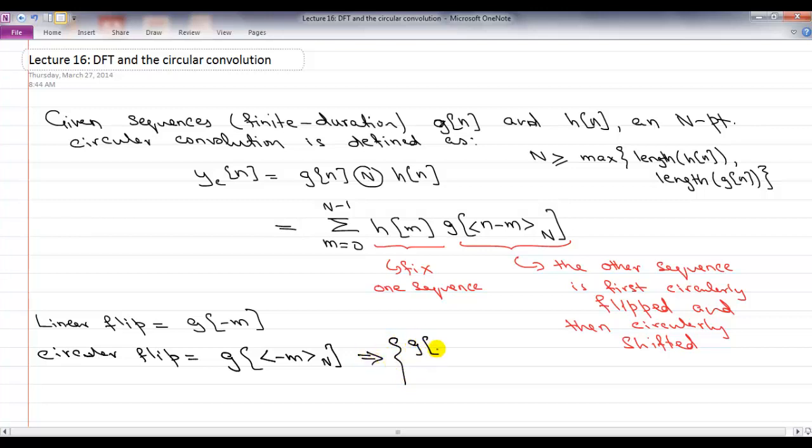So g of minus 0 mod n is simply g of 0. So circular flip keeps the g0 entry at its original location, but g of minus m mod n, when m is not equal to 0, is given by a simple relationship. G of minus m mod n is equal to g of n minus m. That is for the case of m not equal to 0.